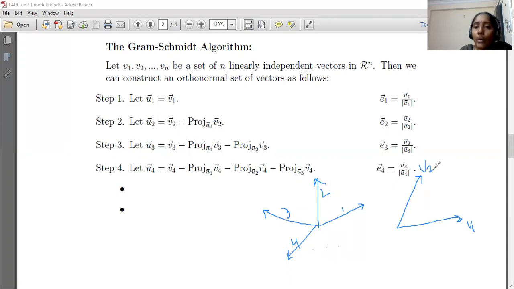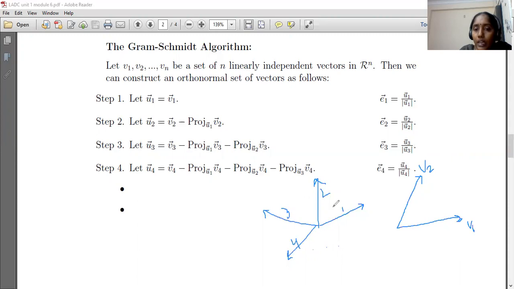Now I want to find a set of vectors U1, U2, U3 and so on that are perpendicular to each other, or orthogonal to each other, by using the span or linear combination of V1, V2, V3 and so on. For that, first I am considering U1 is equal to V1.